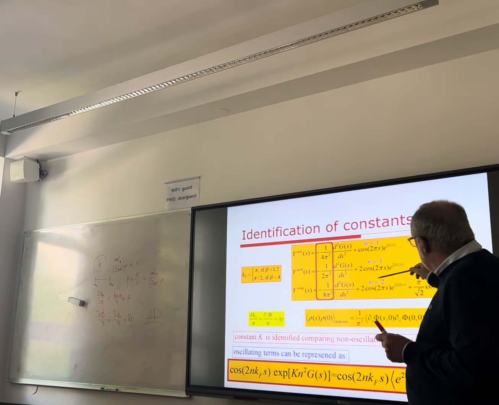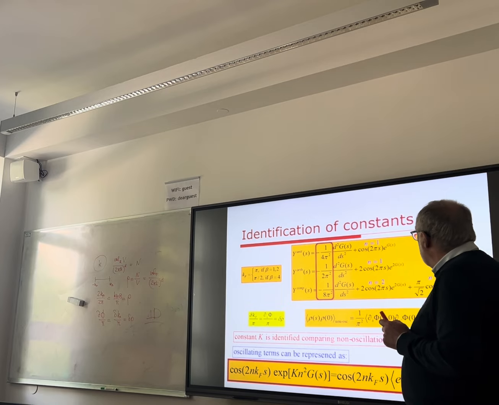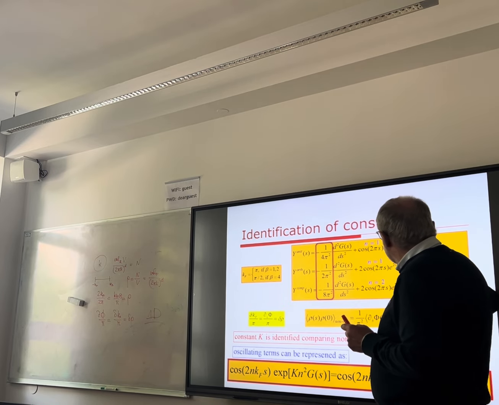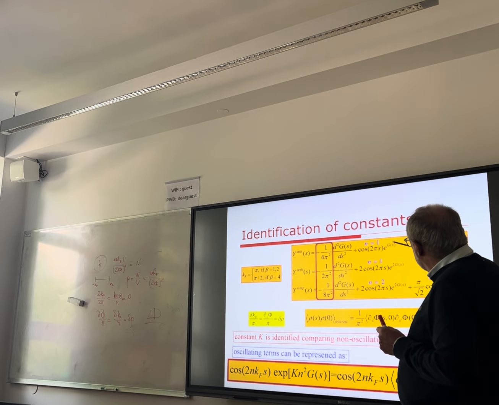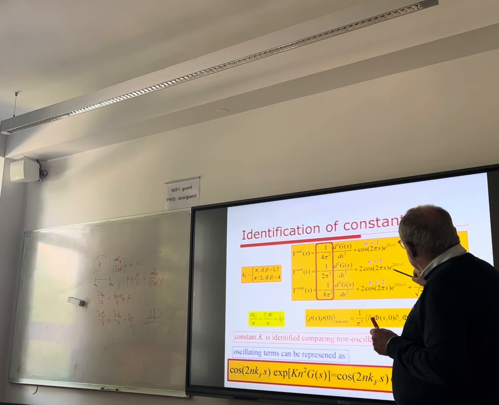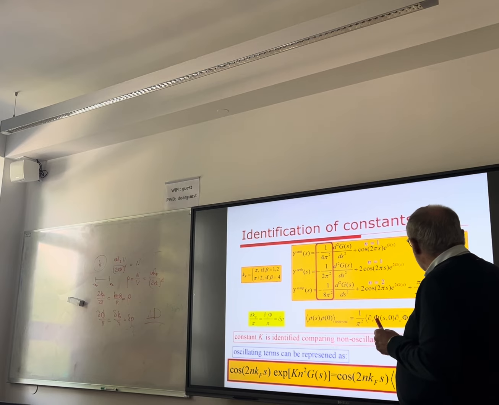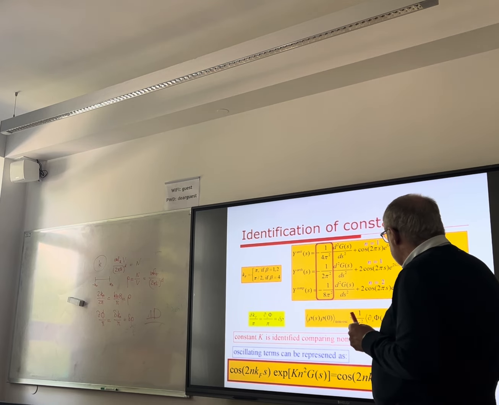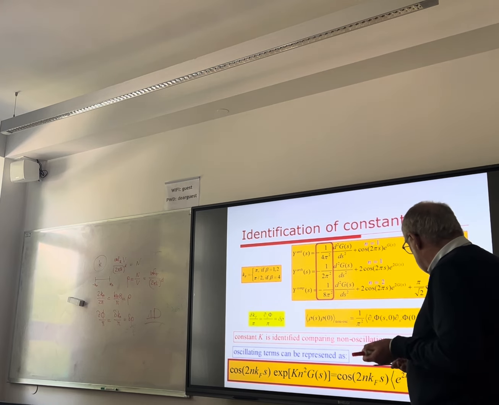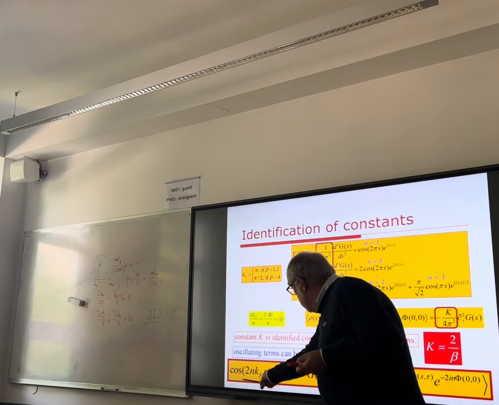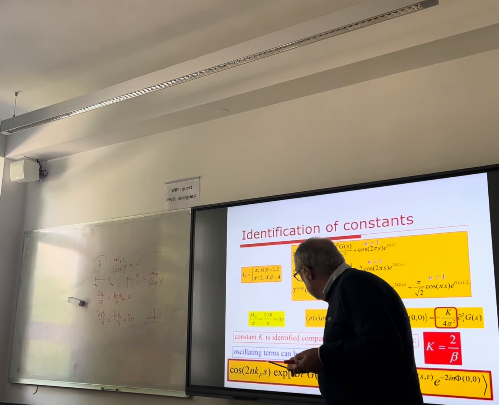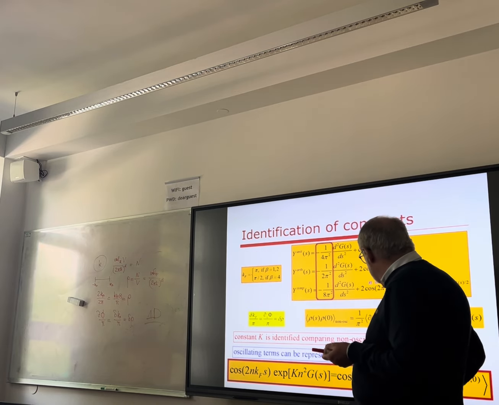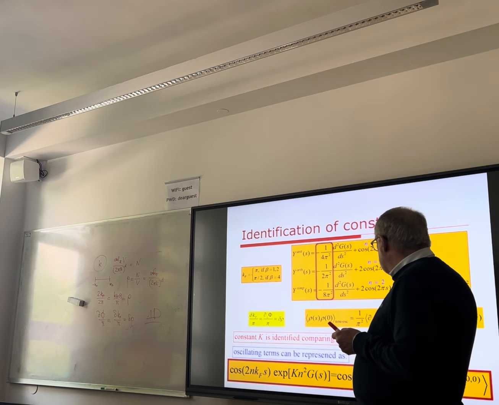So we identified K. Okay, and now I have to check that the oscillating terms have the correct amplitude. So you see that there is this factor e to g of s, e to 2g of s, and so on. And on the other hand, when I do the bosonization, I obtain this correlation function, and when I computed with free bosons, I get this identity.